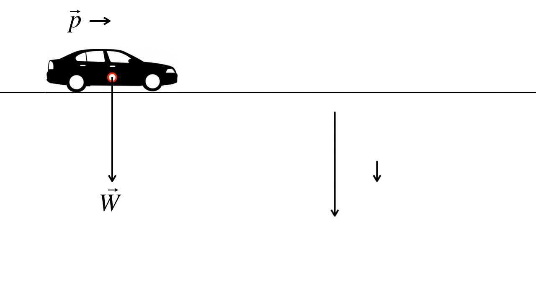And let me take the weight force and slant it at this slant level so that the tail of the weight force is at the tail of the push force, and the tip of the weight force is at the same level as the tip of the push force. And if you do that, you have a right triangle. And that's the right triangle I want you to make.